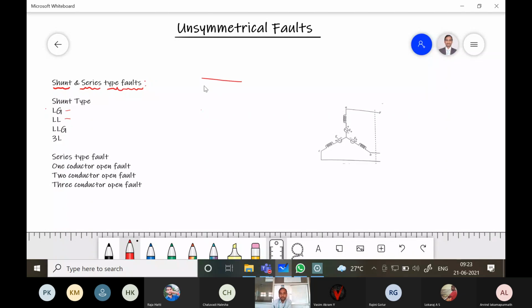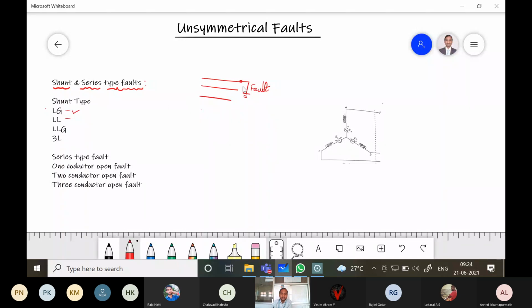What is a single line to ground fault? Suppose a three phase system is there, and any one phase is grounded. Then the fault occurs, one line to ground. This is called a single line to ground fault, that is LG fault.